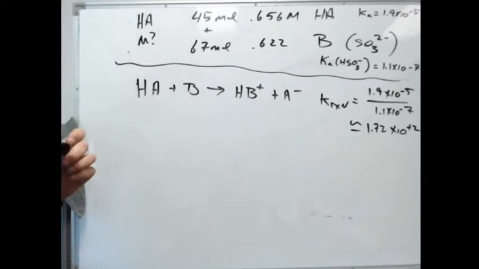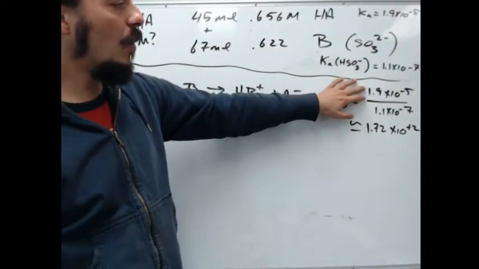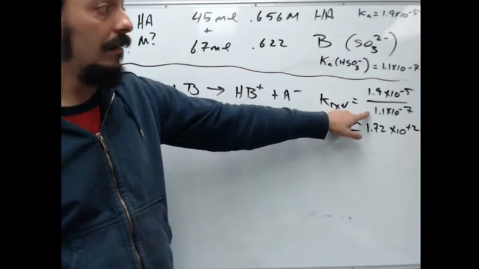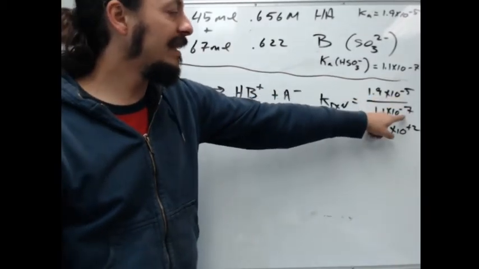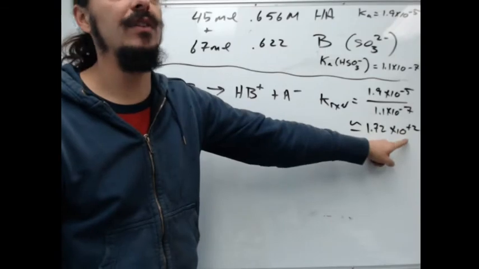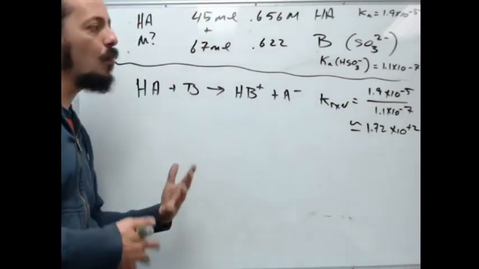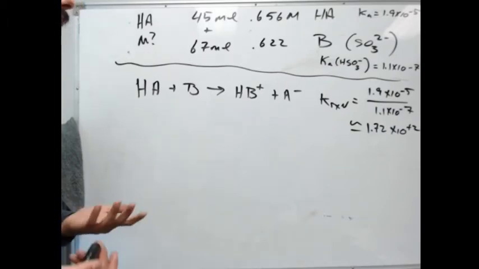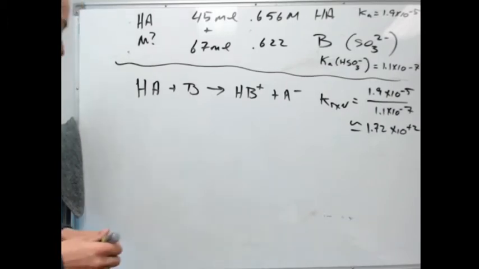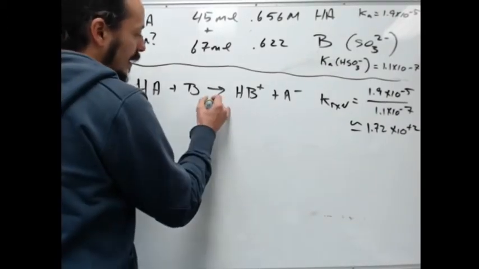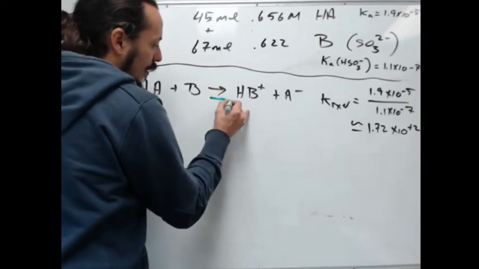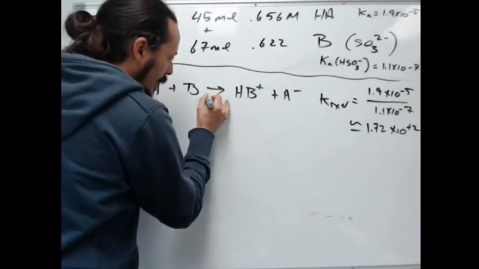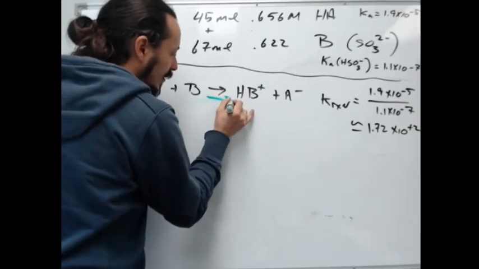And we could have already kind of guessed that. We got 1.9 divided by about 1, and then 10 to the minus 5 divided by 10 to the minus 7 is 10 to the positive 2. So I'm getting something around 1.9 times 10 to the positive 2, about 100. So from this, I can already tell that my equilibrium is going to lie very much in that direction, towards products.